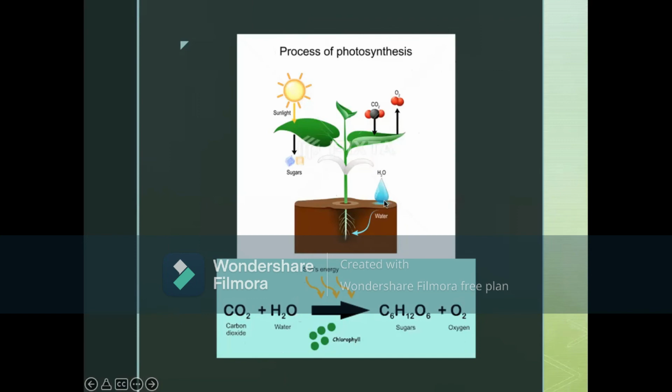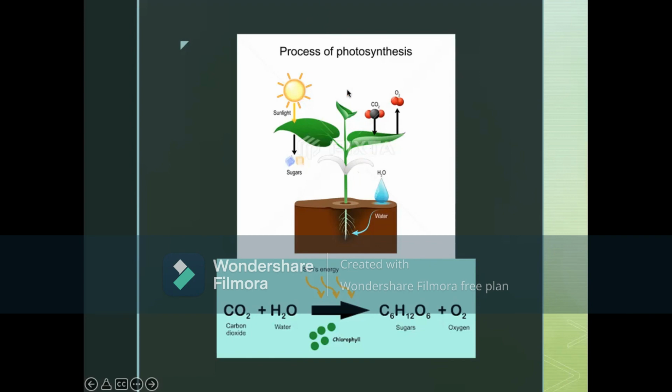Water is absorbed from the soil through the roots. It goes up the plant through the xylem, up the stem through the xylem, and then goes to the leaves through the xylem too. There, the water will combine with CO2 coming from the air through the stoma or the stomata, and they will combine inside the cells in the presence of sunlight, which is absorbed by the chlorophyll inside the chloroplasts inside the leaves.